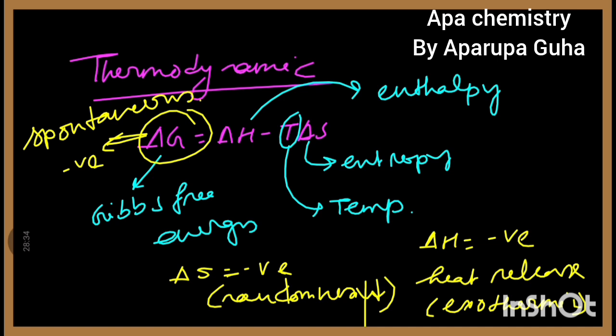That means del H negative is heat release. Whenever del H is negative, heat comes out, which means an exothermic reaction, heat will be released. And del S is negative as randomness decreases, since the gas molecules were moving around and then got attached to the surface, that's why entropy decreases. As gas molecules have so much randomness, but when they attach to the surface, the randomness decreases. So that's why del S is negative.